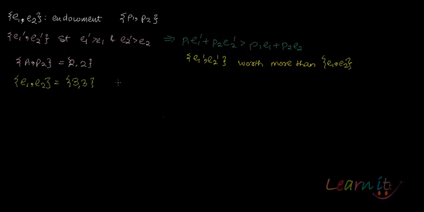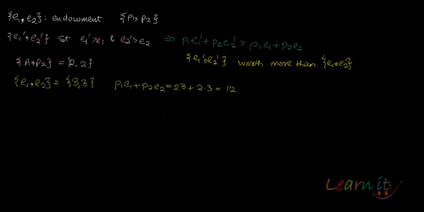So what would be the value of this endowment? P1 E1 plus P2 E2, which is equal to 2 into 3 plus 2 into 3, which is 12.